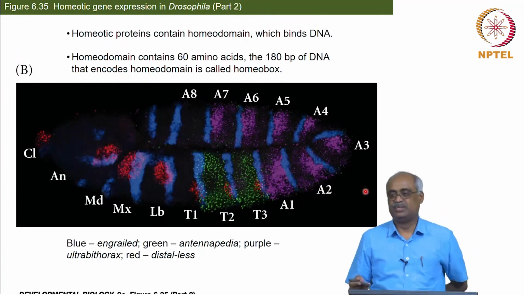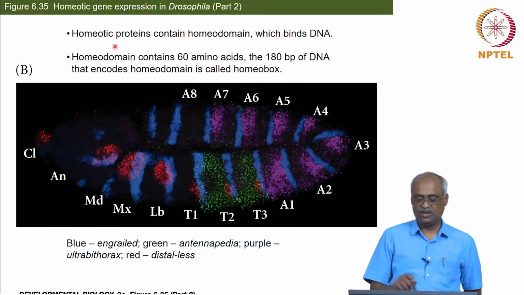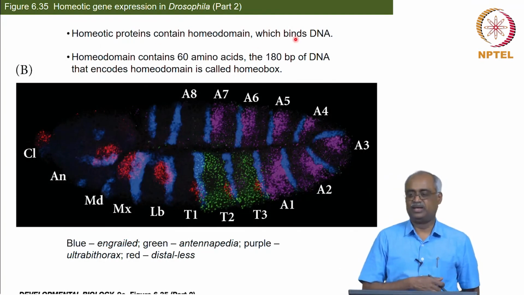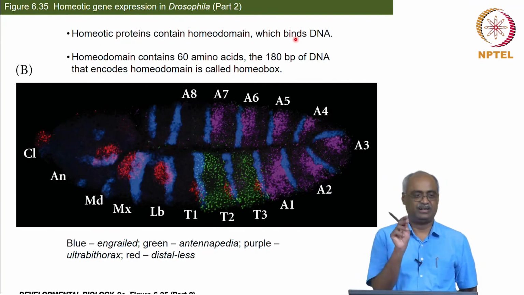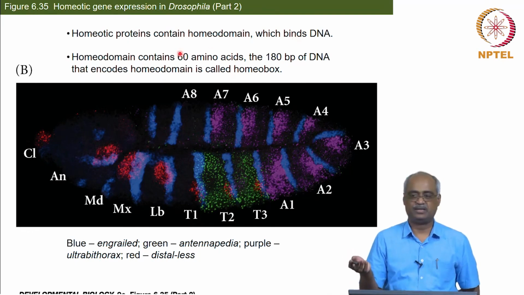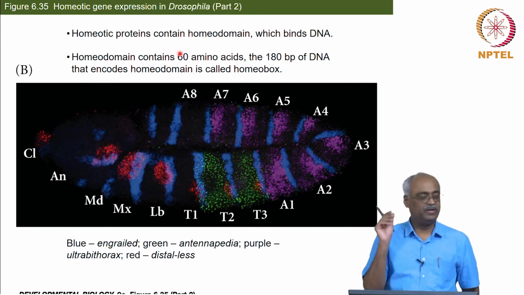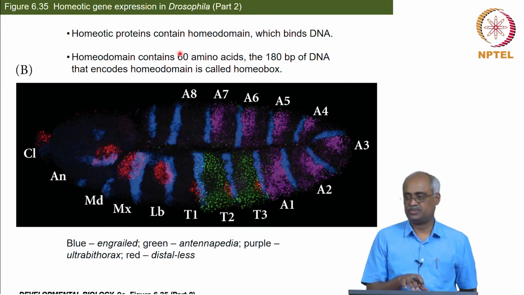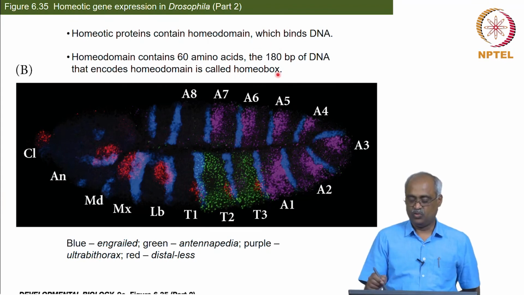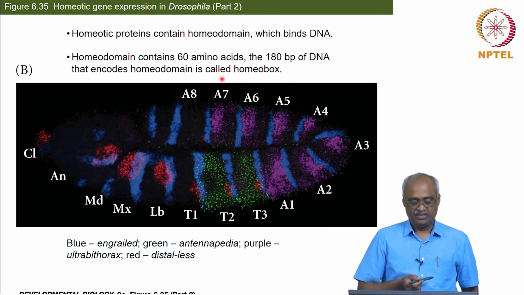First, let us look at their expression pattern itself. Homeotic proteins contain a domain called the homeodomain. That is a set of 60 amino acids that are conserved among the various homeotic genes, and they bind to DNA. These are transcription factors. These 180 base pairs of the coding sequence are what we call a homeobox.